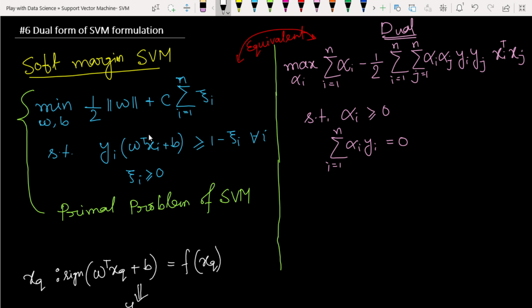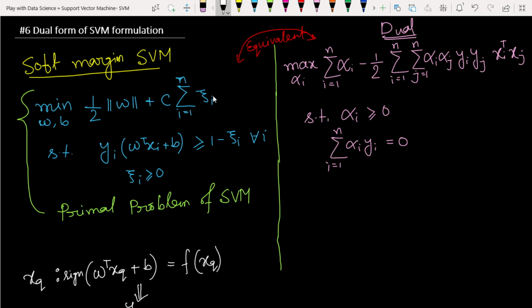Here, we have taken the zeta term. Actually, what is zeta responsible for? Zeta is responsible for all data points xi.